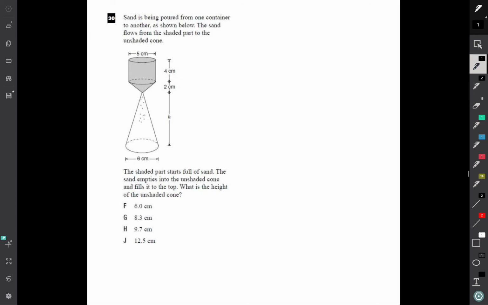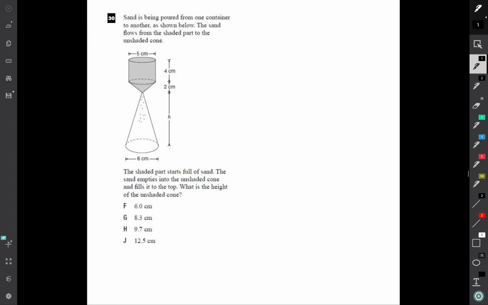The shaded part starts full of sand. The sand empties into the unshaded cone and fills it to the top. What is the height of the unshaded cone? This question is actually providing us some indirect information.